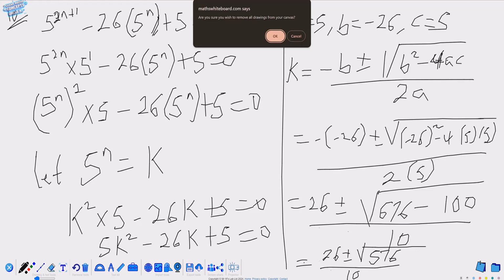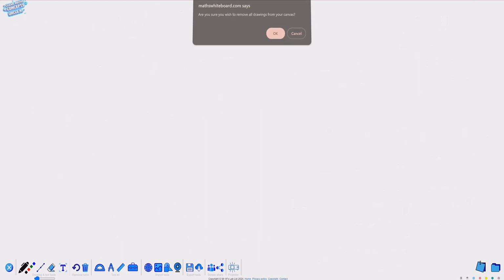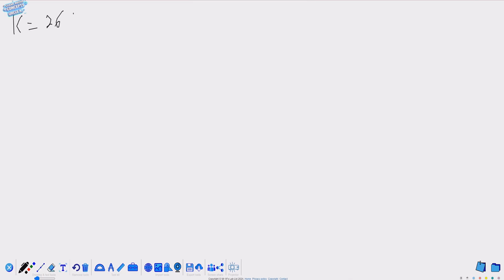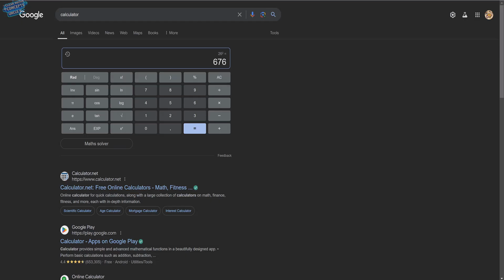So let's try and remember that. Our case is 26 plus or minus square root of 576 over 10. So what's the square root of 576? It gives us 24.